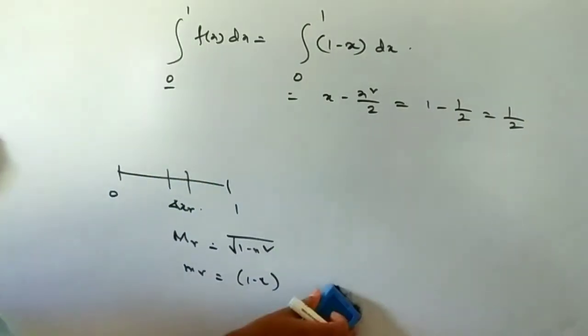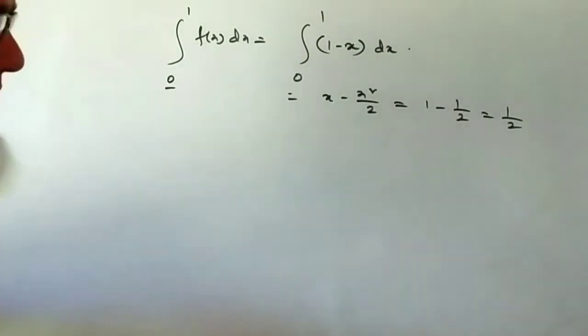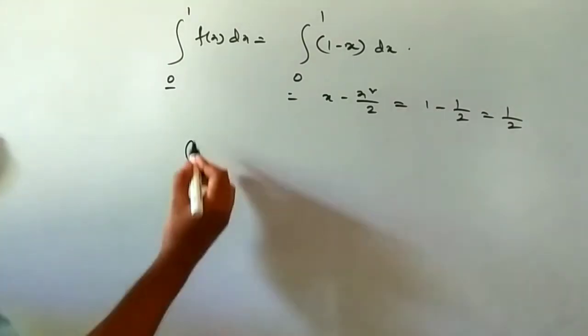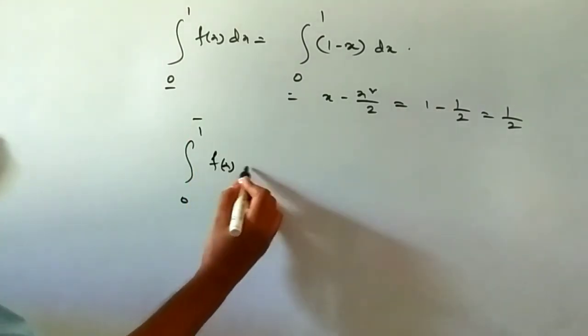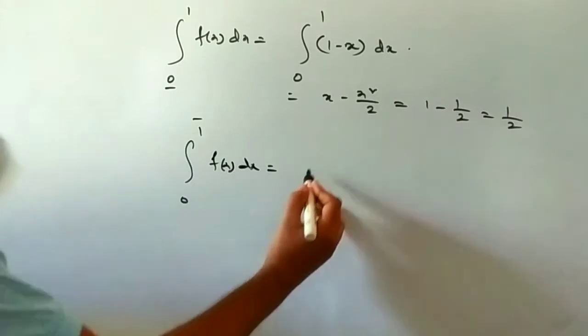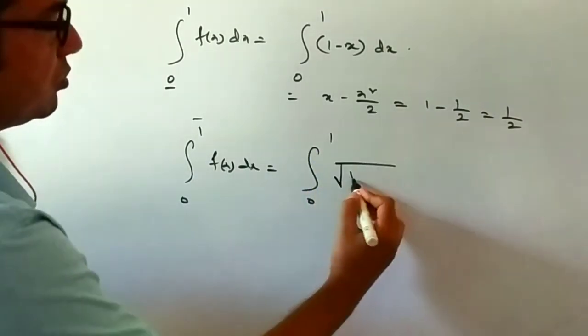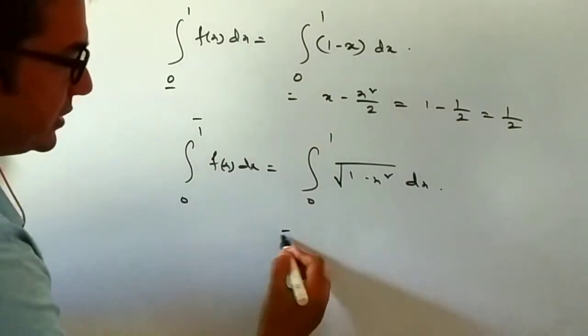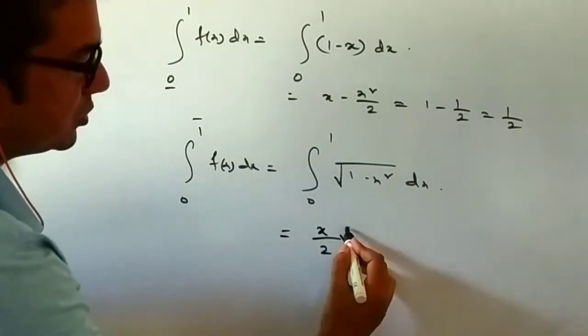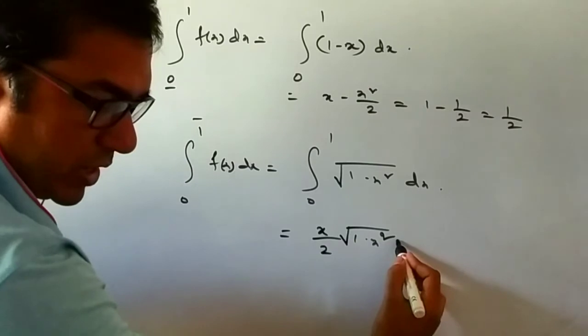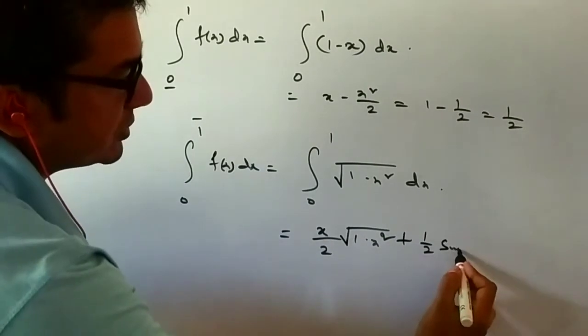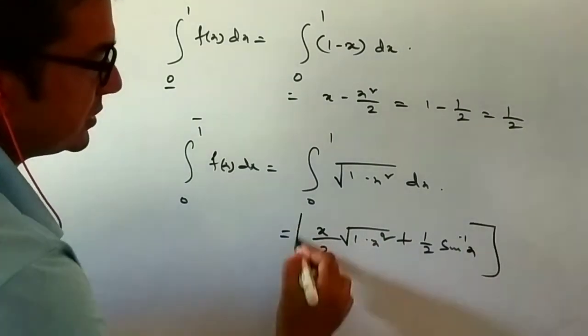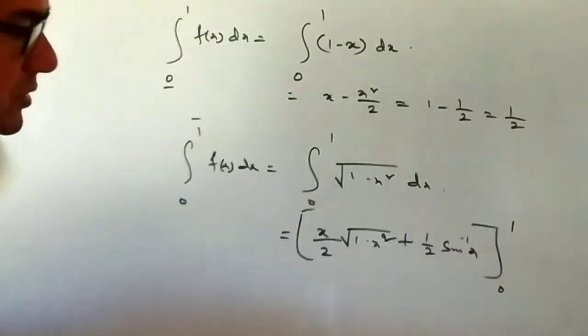And if we calculate the upper integration 0 to 1 upper bar, this is equal to integration 0 to 1 of root over 1 minus x square dx. This is x by 2 into root over 1 minus x square plus half sine inverse x, from 0 to 1.